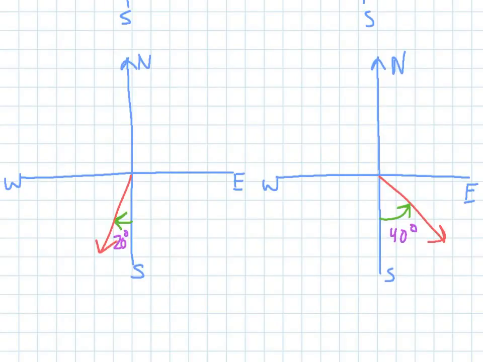So we would say south and the angle 20 degrees, and that would be going in the west direction, so it would be south 20 degrees west. Okay? And then the other one is south and going to the right 40 degrees, and then it's going towards the east side, so it's south 40 degrees east.